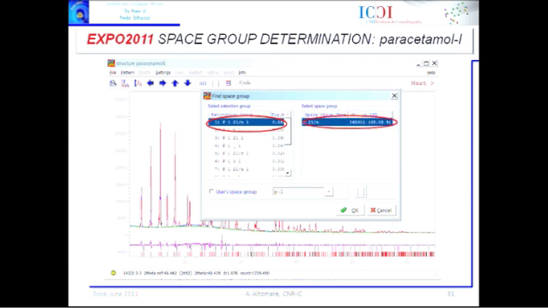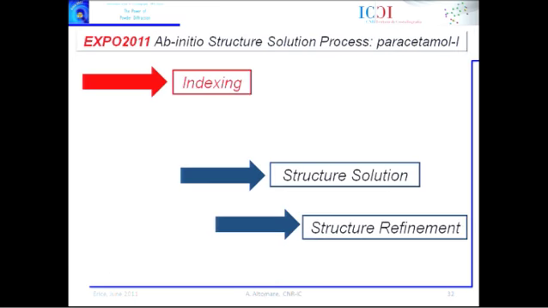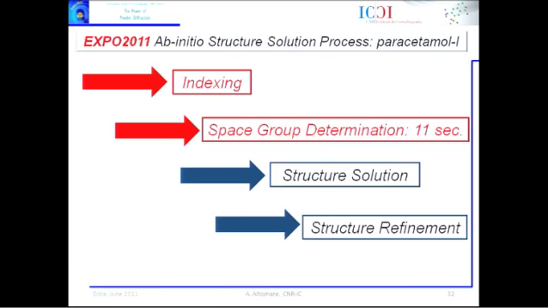In this case, only one space group is compatible with the largest probability extinction group, and so we can say that the space group determination procedure for the paracetamol structure has been successfully completed, and the time spent up to now has been 11 seconds.